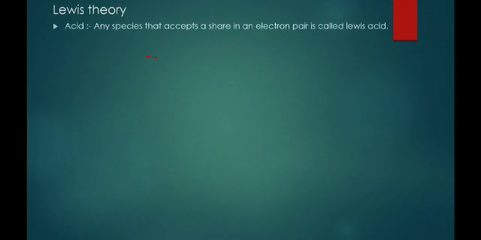Now the third concept, that is Lewis theory. According to Lewis theory, any species that accepts a share of an electron pair is called what? Lewis acid. In short, electron pair acceptors are called acids.